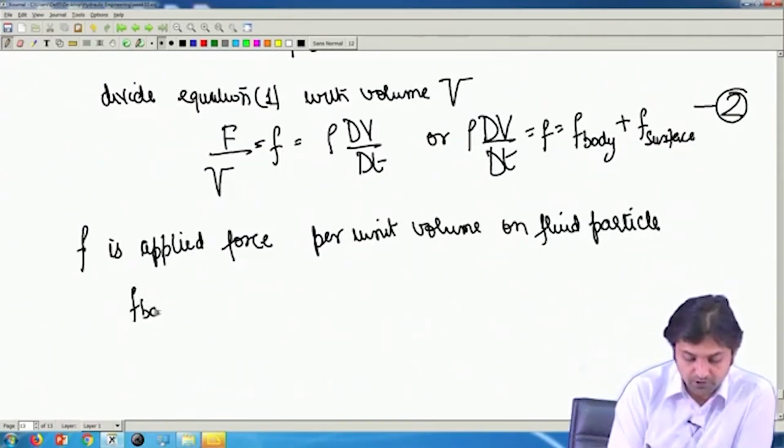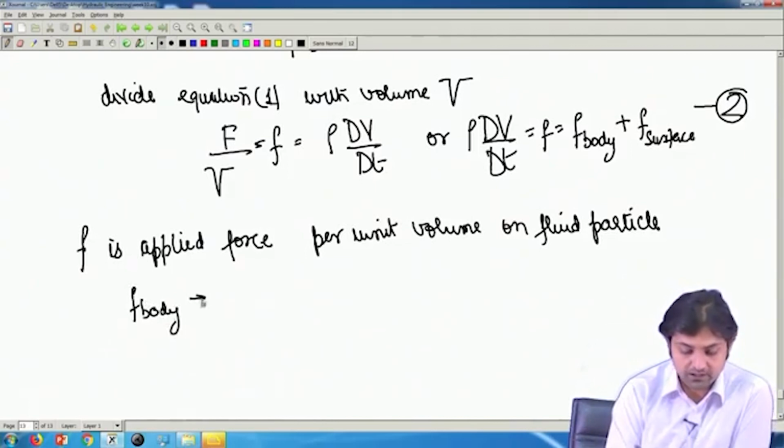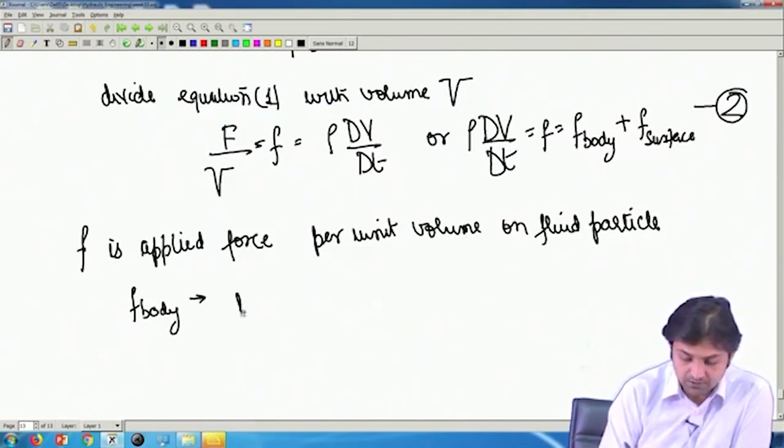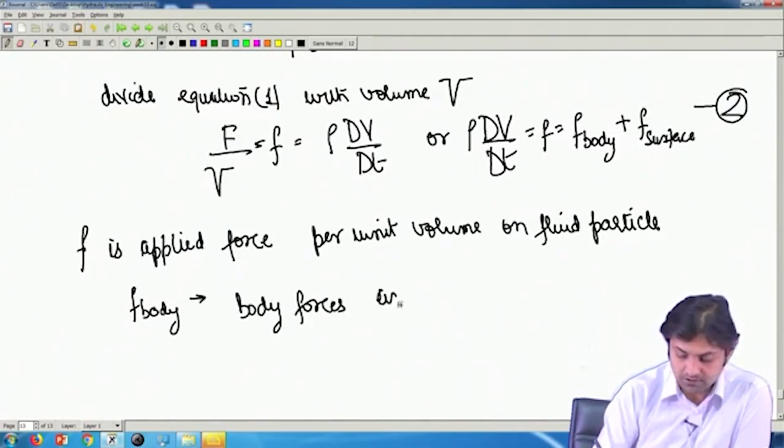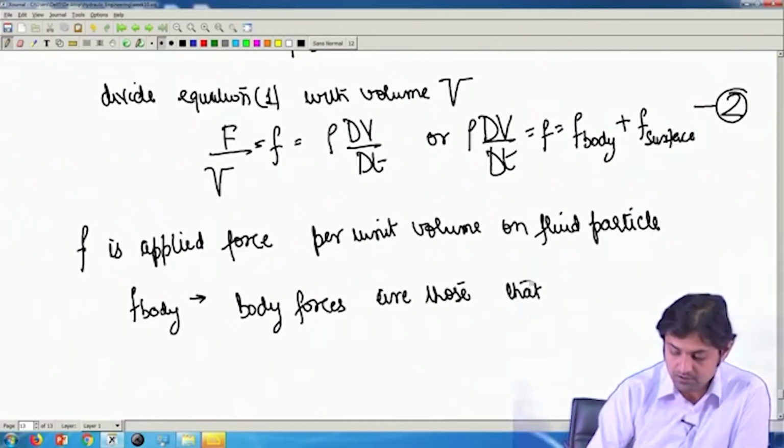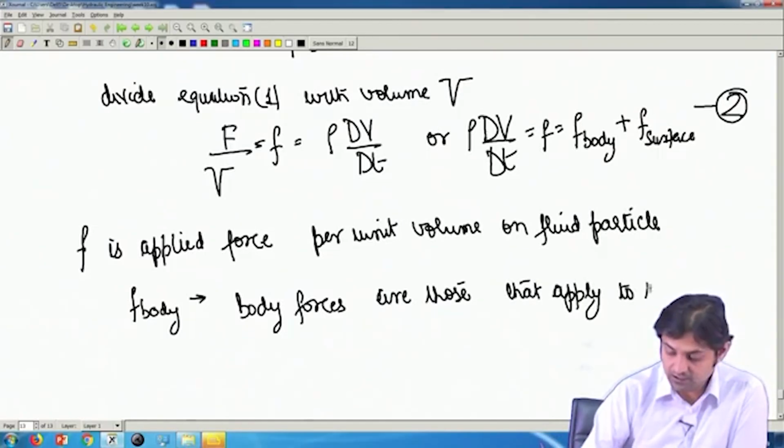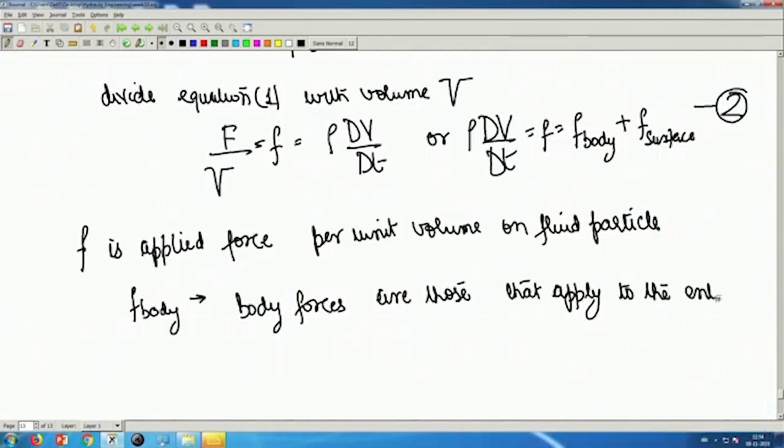So what is F body? We have to clarify that a little bit. Basically this is body force. Body forces are those that apply to the entire mass of the fluid element.